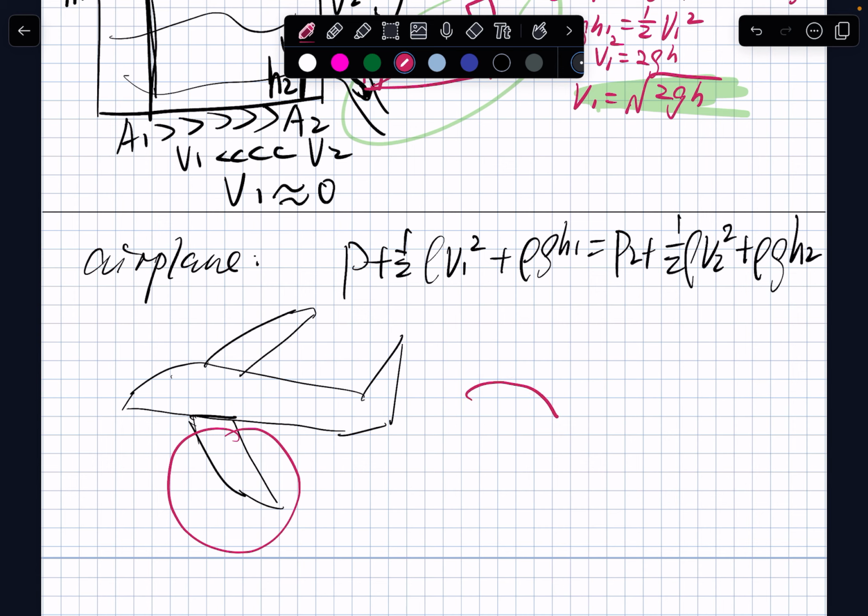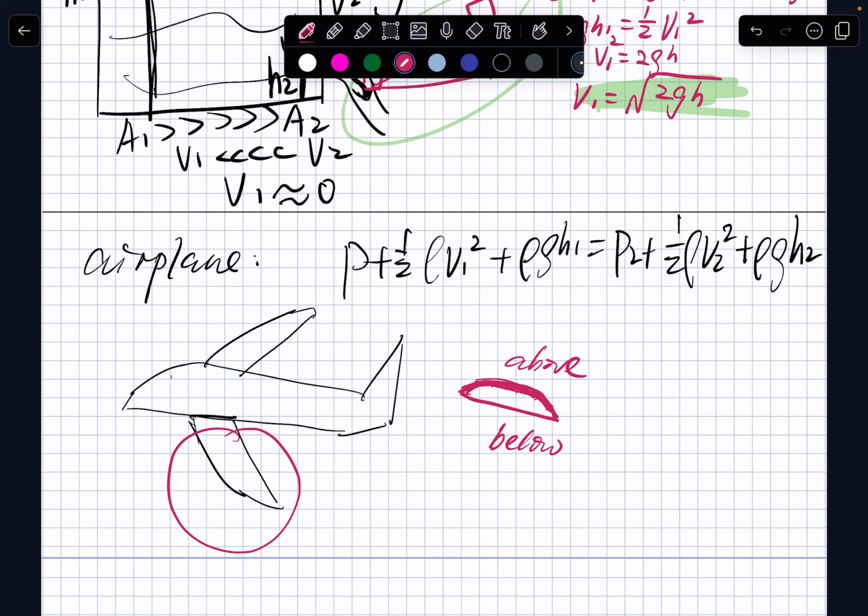So when engineers design the airplane, they use more material for the upper part of the wing, okay? So this part is above the wing, right? This is below the wing, okay?